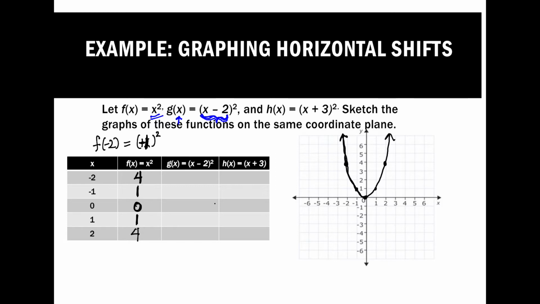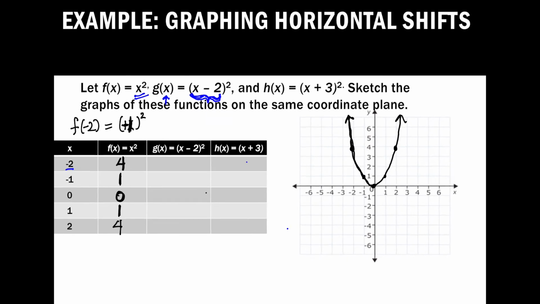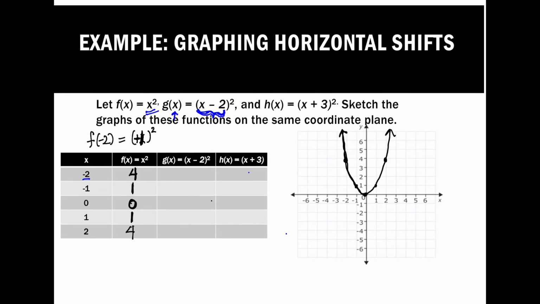All right, so as we look at that, how does that affect our graph? If I plug in -2, oops, I just kind of mess with the whole thing there. So I take the g of -2. Substituting that in there gives me -2 minus 2 squared. Well, -2 minus 2 is the same as -2 plus -2.